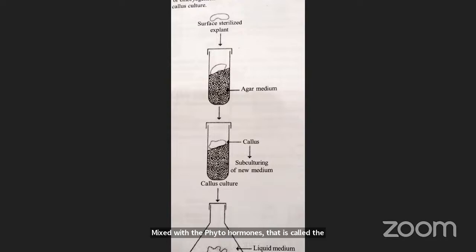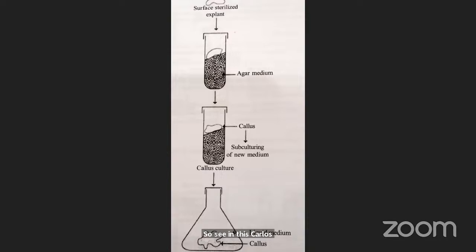So see, in this callus culture, a sterilized explant is taken into the agar media. Now this explant undergoes repeated divisions, forming a mass of cells. Why? Because this nutrient medium, agar medium, is rich in nutrients, water, vitamins and amino acids.